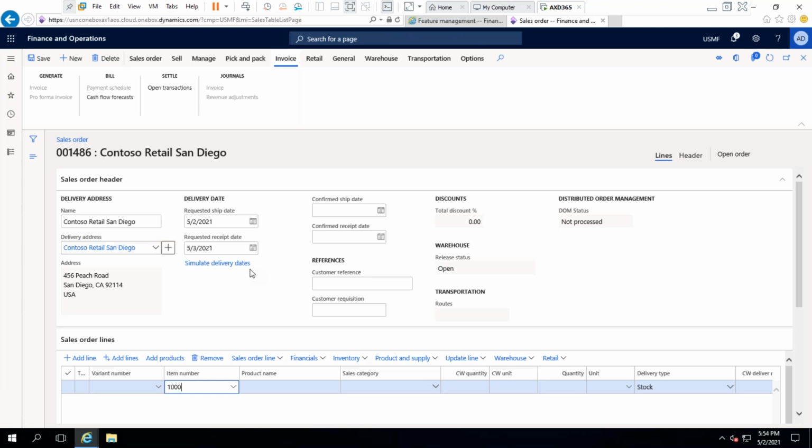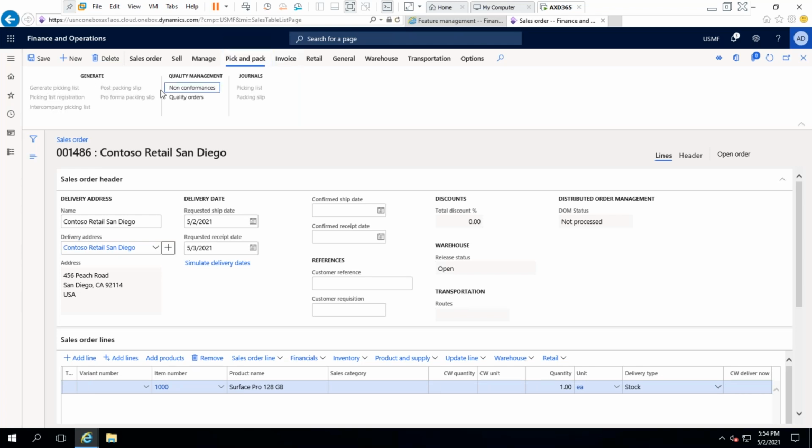So I'm selecting the item. I have entered it. Now I'm doing the pick and pack tab. Post packing slip.